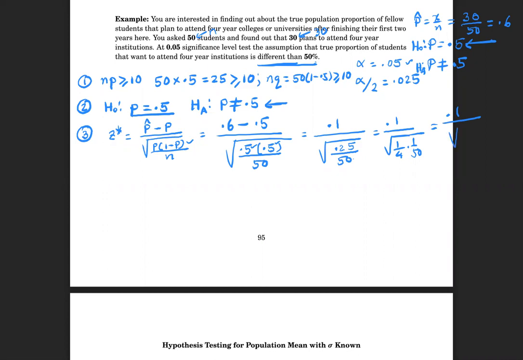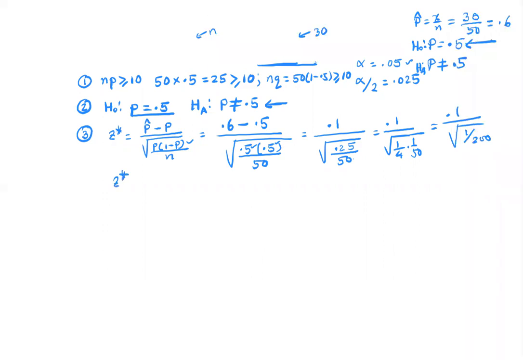So there's going to be 1 over 200, which, if you simplify it, z star is equal to 0.1 times, this is going to flip, the square root of 200 over the square root of 1, which is just 1, right? So it's going to be 0.1 times the square root of 200. So what is the square root of 200?